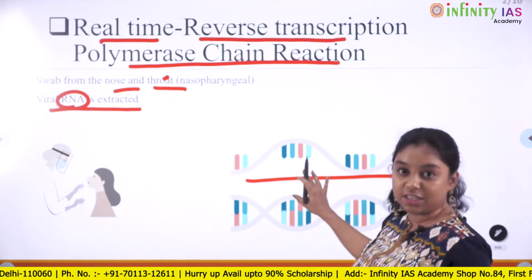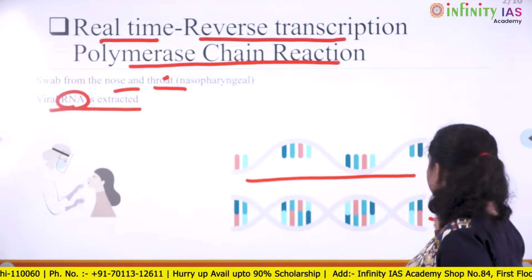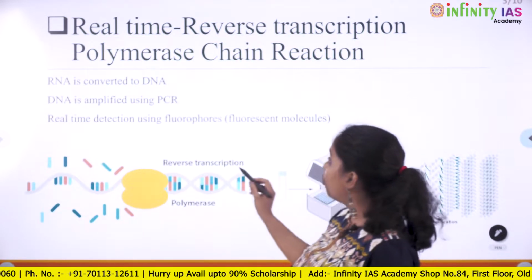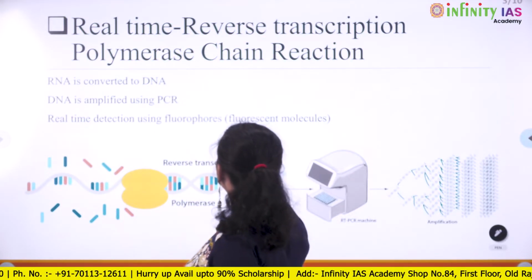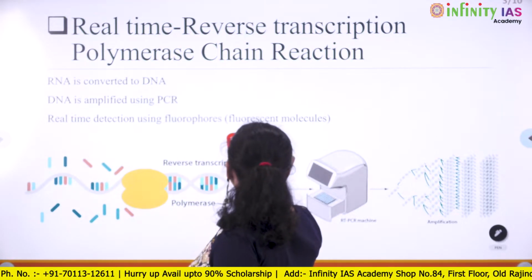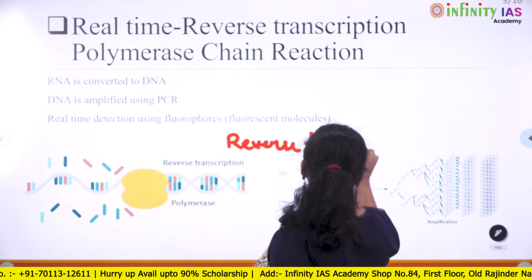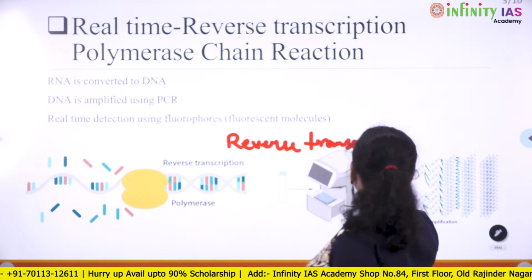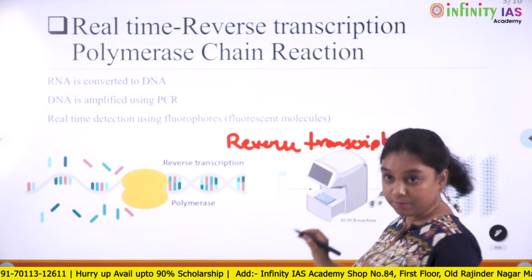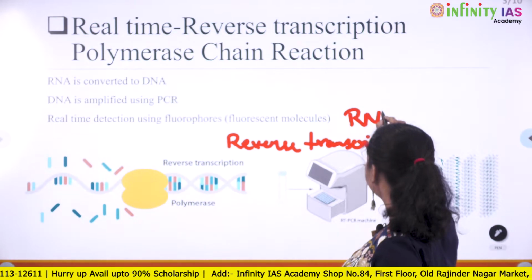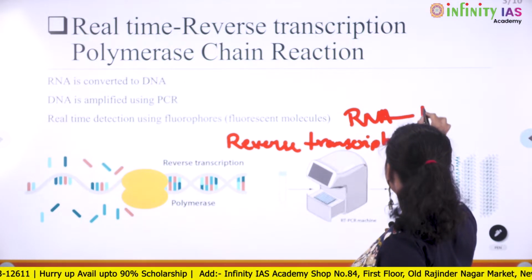It has to be converted into a double-stranded DNA. How do we do that? We use something called reverse transcriptase. It's an enzyme used to convert RNA to DNA.